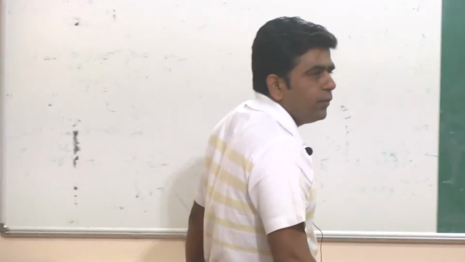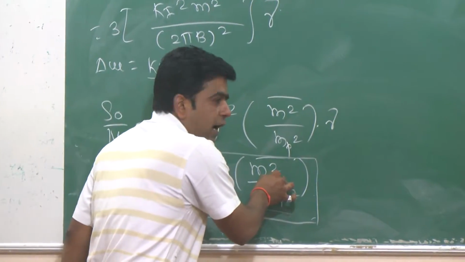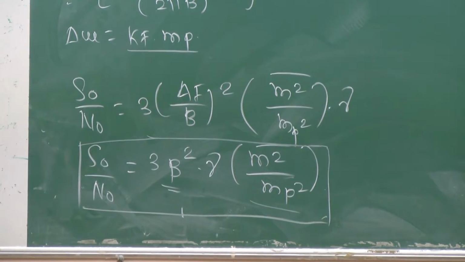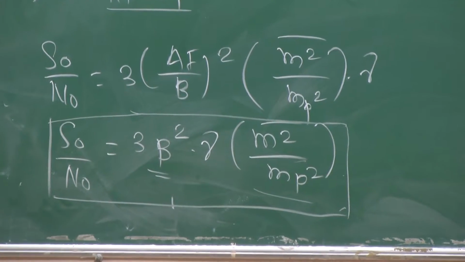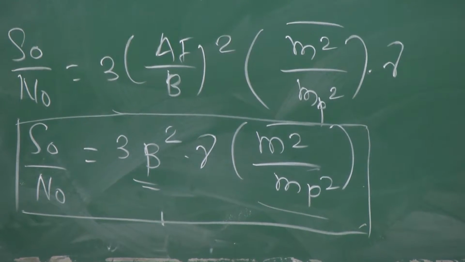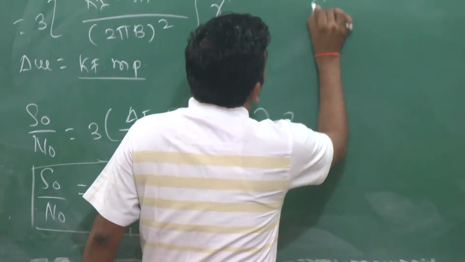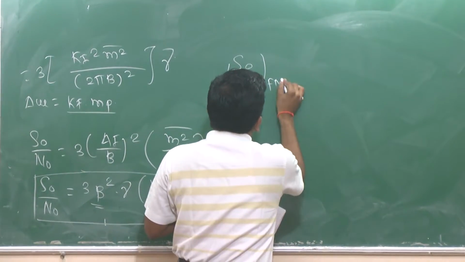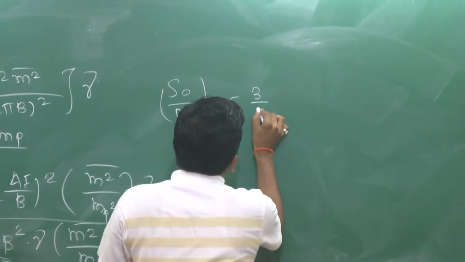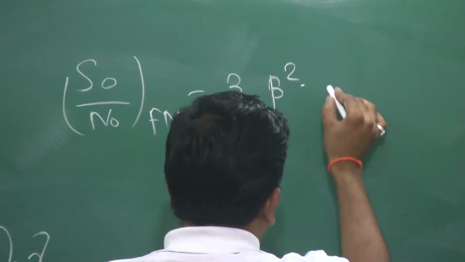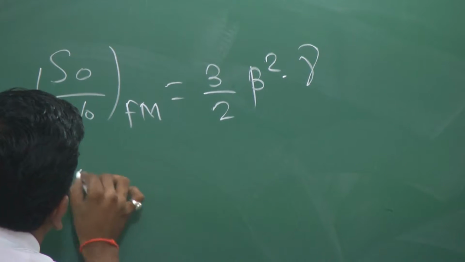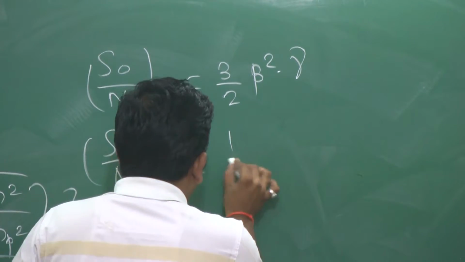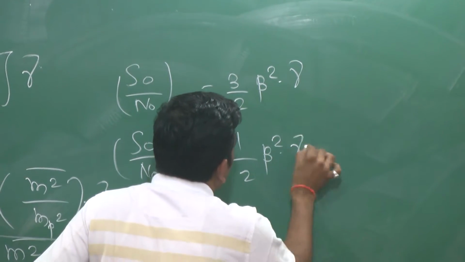For this case, we will get the signal to noise ratio for FM equal to 3/2 beta square into gamma, and the signal to noise ratio for PM is 1/2 into beta square into gamma.